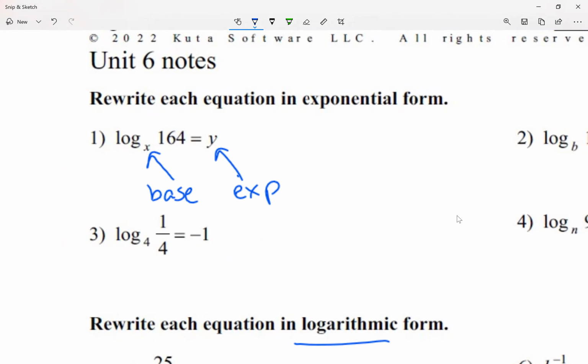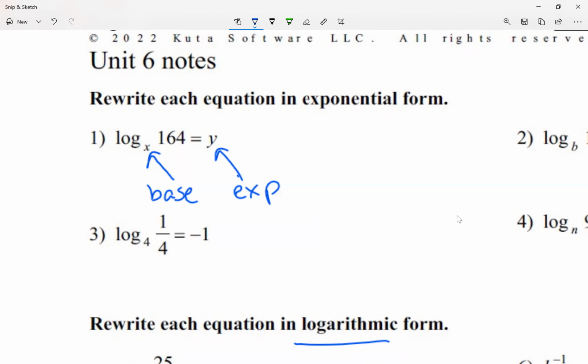Now, if I don't write anything for the base, if I leave that blank, we're going to say our base is 10. So if there's nothing for x there, if it was just blank, I'm going to say the base is 10. So again, when we don't write the base on the log, the base is 10.